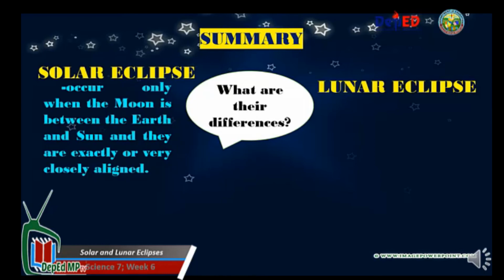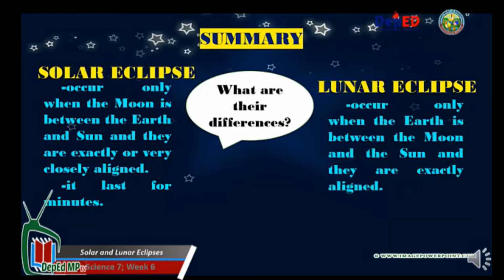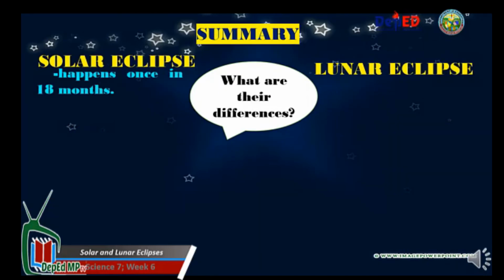A solar eclipse occurs only when the moon is between the Earth and the sun, and they are exactly or very closely aligned. It lasts for only minutes. A lunar eclipse occurs only when the Earth is between the moon and the sun, and they are exactly aligned. It lasts for various hours. A solar eclipse happens once in 18 months.